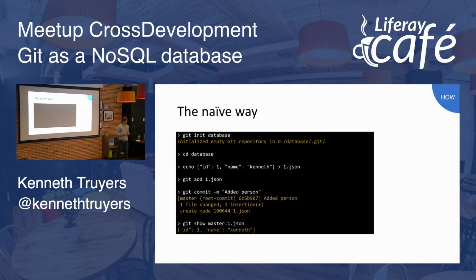So how can we then use Git as a database? So we have the first way, where you can say, right, I'm going to create a new repository called a database. I'll create a JSON and store that into a JSON file, 1.json, add it to my staging area, and commit it. And then I can get that JSON file back out.